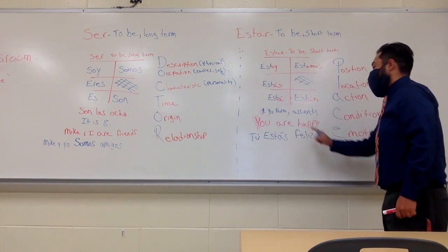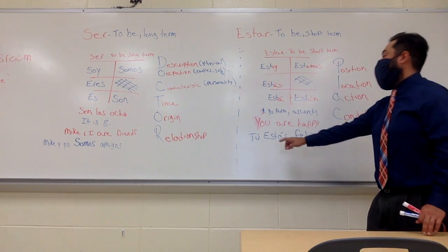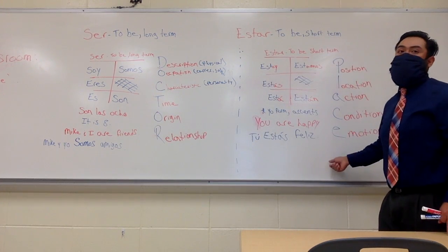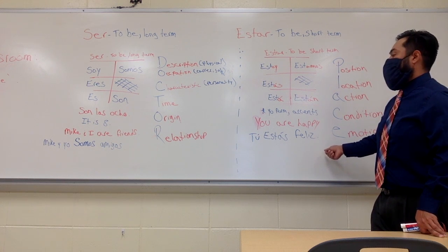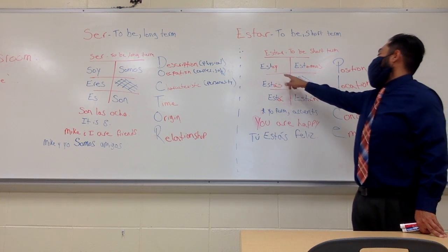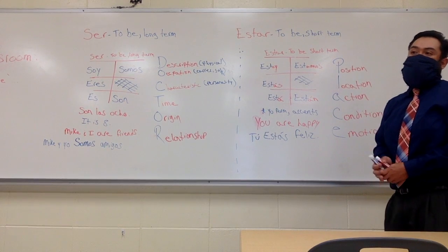Feliz. Tú estás feliz. You are happy. Right? You can't say tú eres feliz. It doesn't work that way. All right? Just like you couldn't say tú estás amigos. Right? They don't work that way.